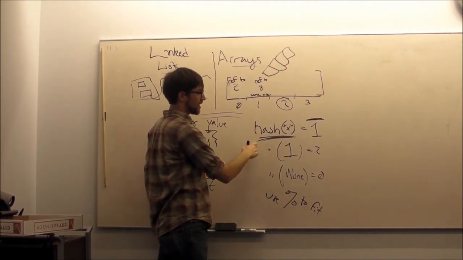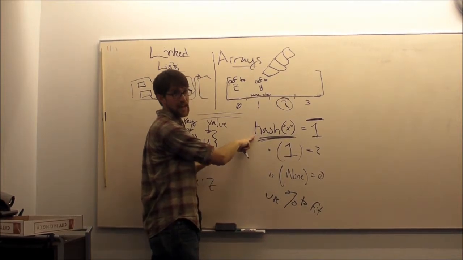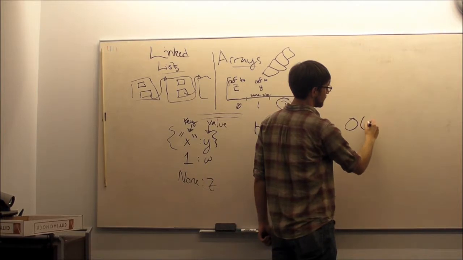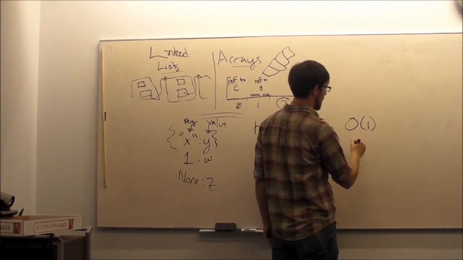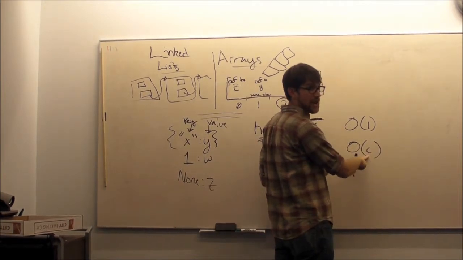But that constant time can depend on the hashing function. And so it's order 1 for the number of items you have, but it's order constant in terms of whatever your hashing function is.